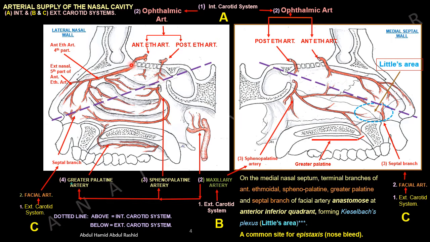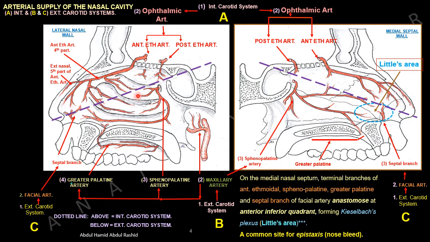This antero-superior part developed from frontonasal prominence. Its artery is ophthalmic artery, so this area will be supplied by branches of the ophthalmic artery, that is anterior and posterior ethmoidal artery.